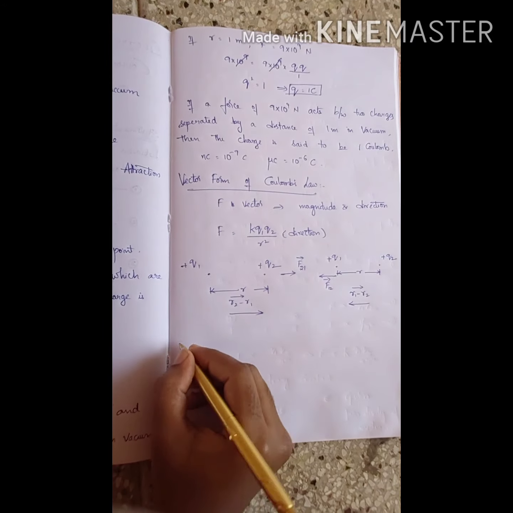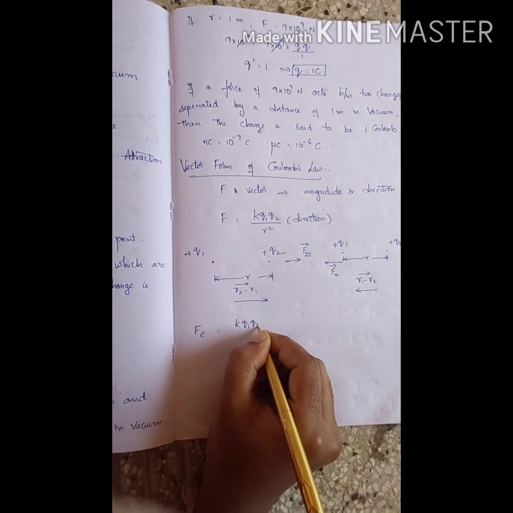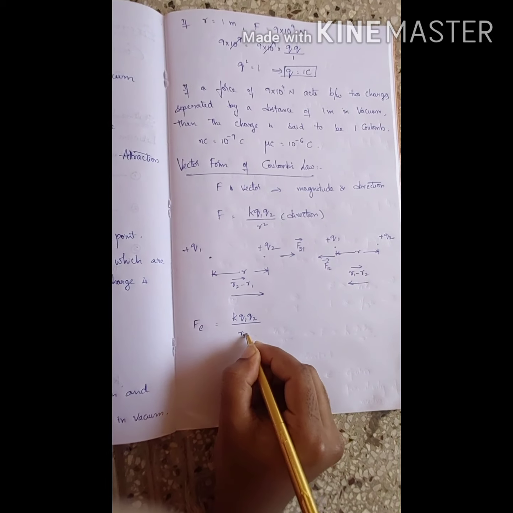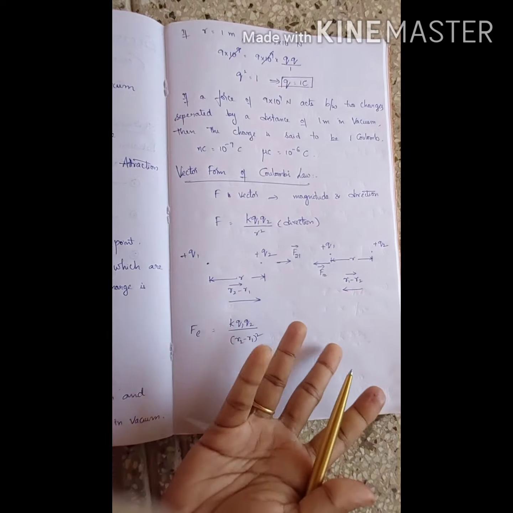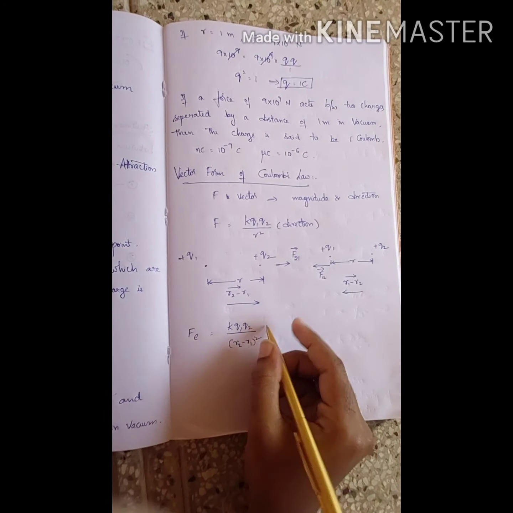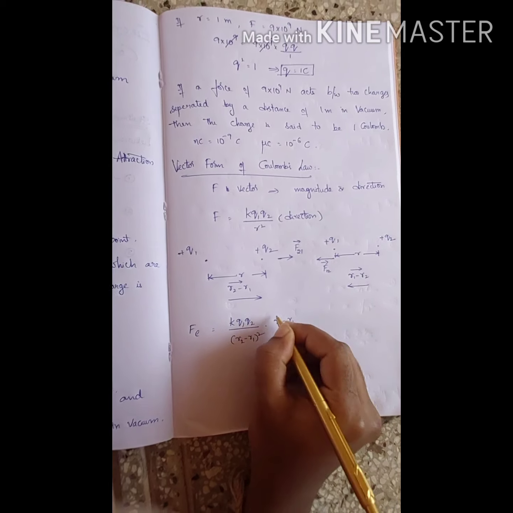Now how will you write the electric force? K Q1 Q2 by R2 minus R1 whole square. Instead of R, I am just writing R2 minus R1. The magnitude will remain the same into unit vector R2 minus R1 cap.